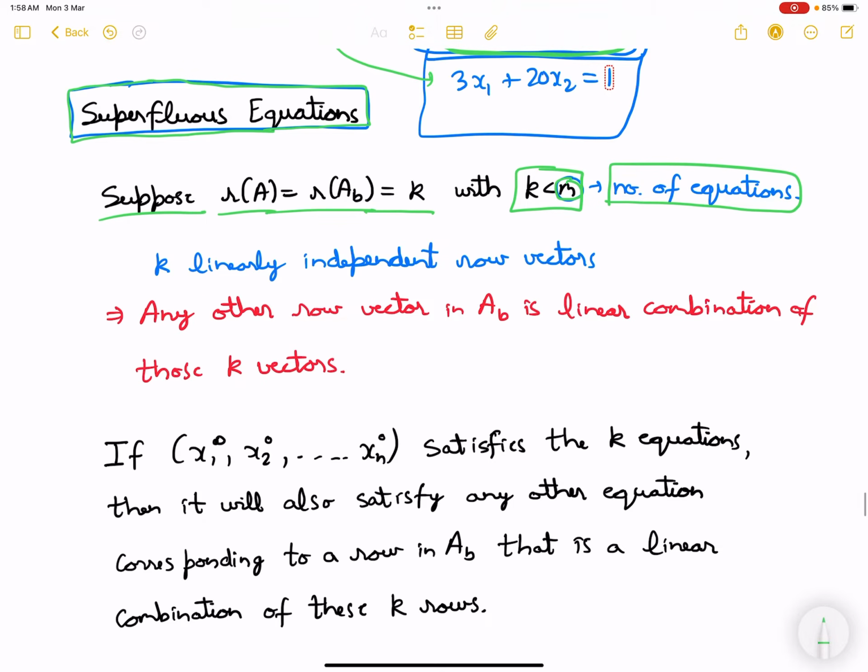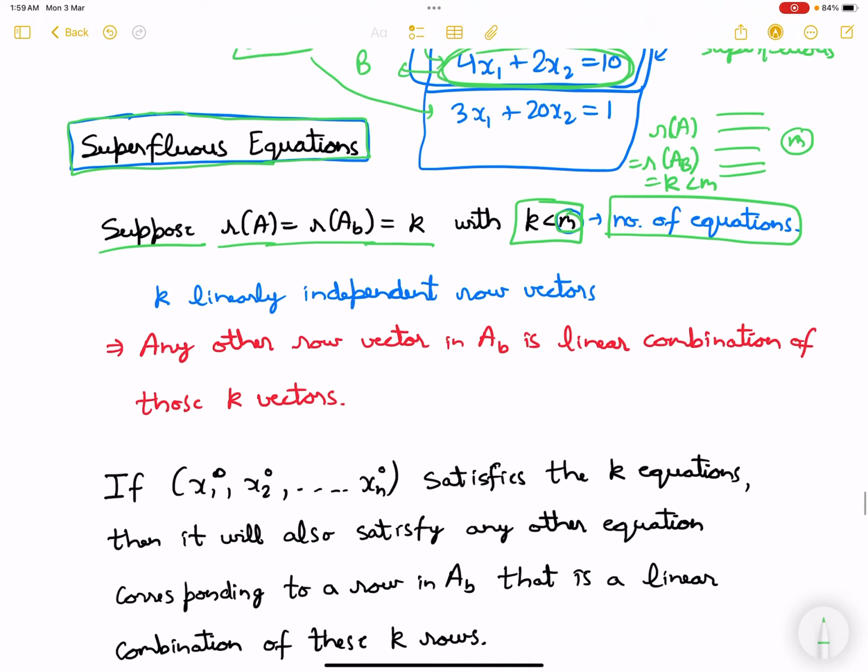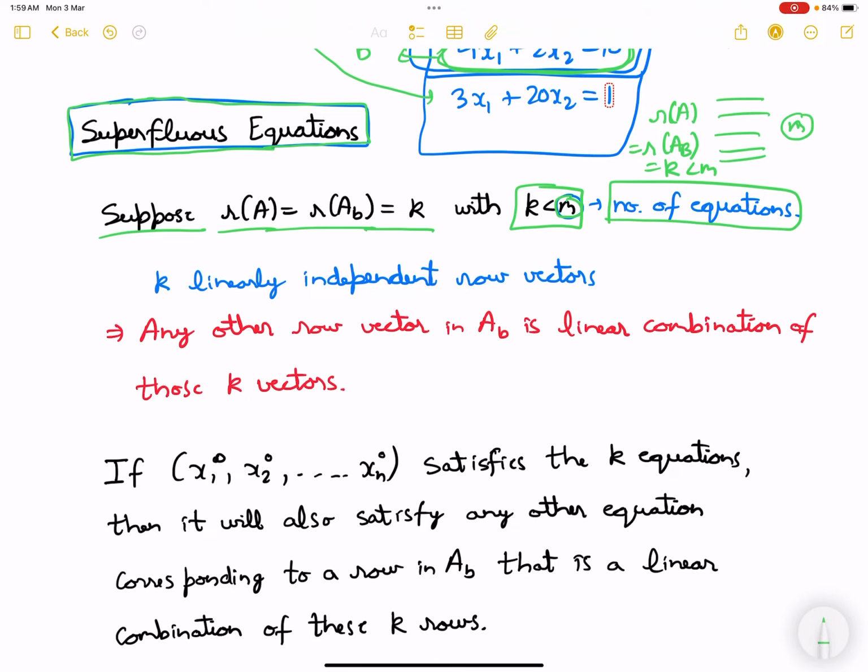So basically we have M equations, and our rank of A and of A augmented B is K, which is less than M. Now we know the definition of rank: it means the maximum number of linearly independent rows or columns in the matrix. If the rank is coming out to be K, that means there are K linearly independent row vectors.